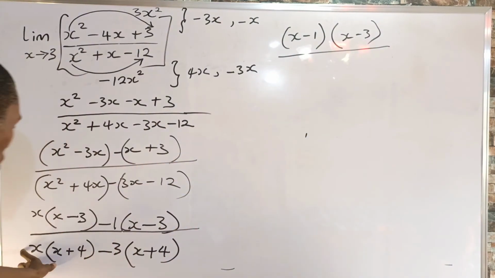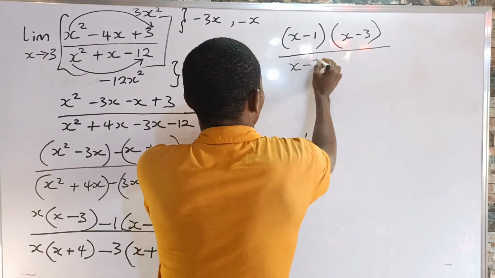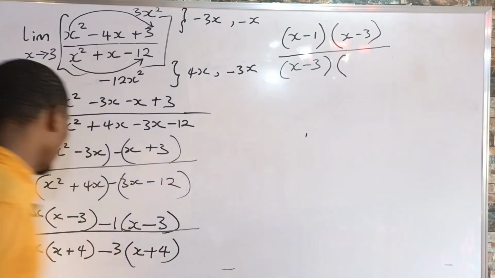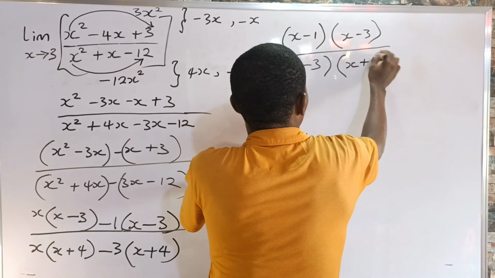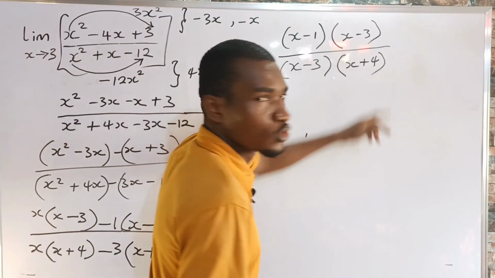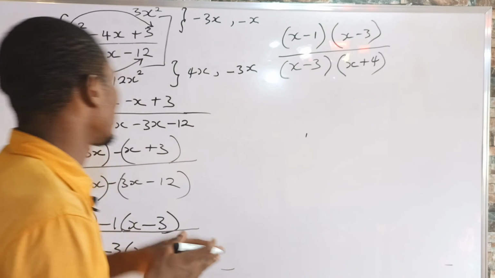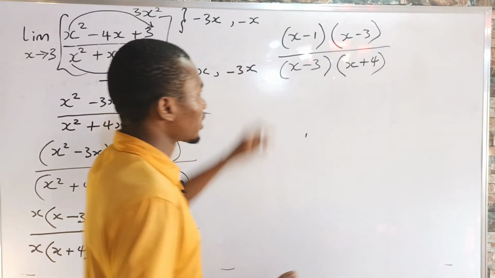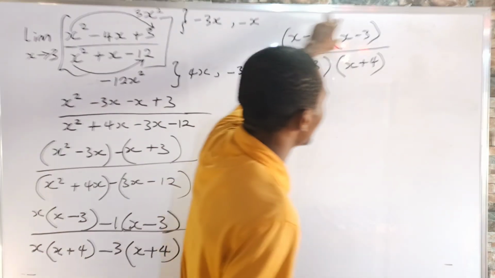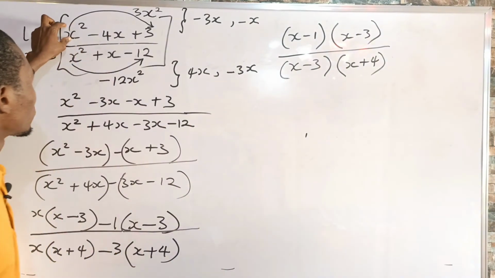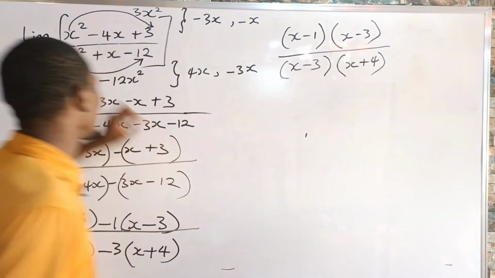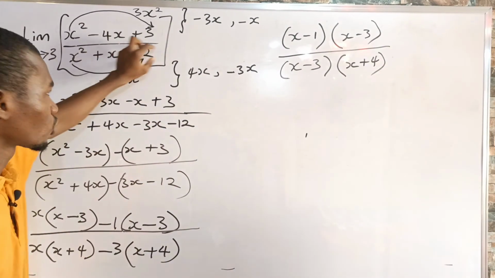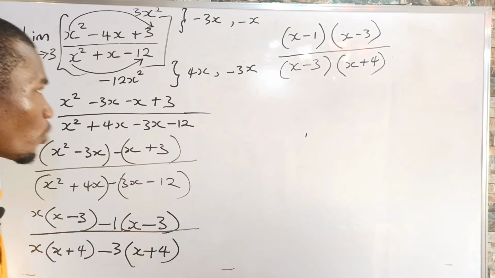For the denominator also, either x minus 3, or you take one of these values, x plus 4, since they are the same, x plus 4 will satisfy the roots of the values of the quadratic expression. Then if you want to know whether this is correct, open up this given bracket. It will take you back to this given numerator here. Open up the bracket for this denominator. It will also take you back to the denominator you have here. That is also how you know whether you are correct.